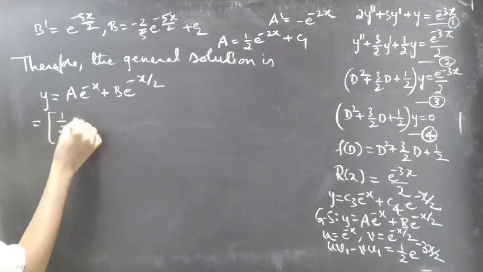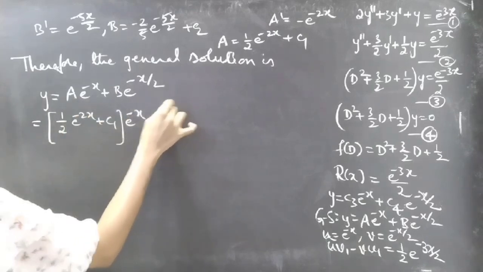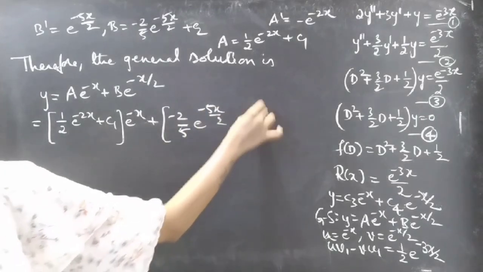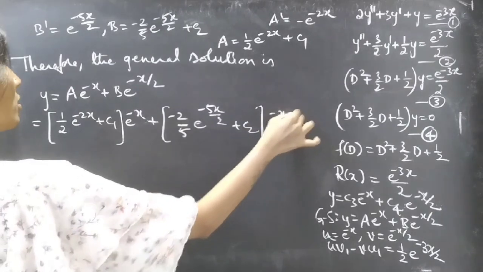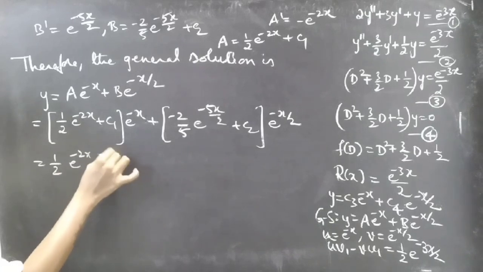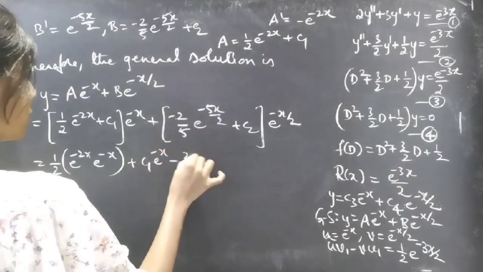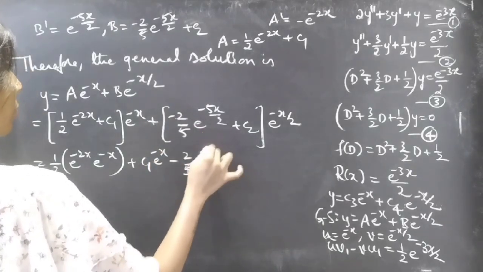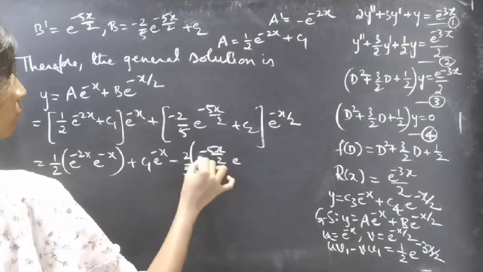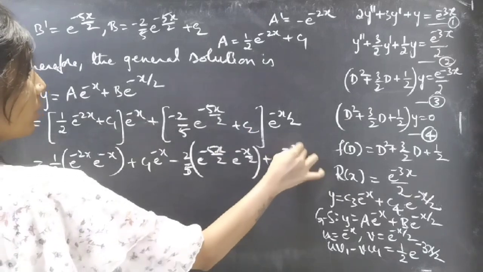We have a, 1 by 2 e power minus 2x plus c1, into e power minus x, plus b, minus 2 by 5 e power minus 5x by 2 plus c2, into e power minus x by 2, which gives us 1 by 2 e power minus 2x into e power minus x plus c1 e power minus x plus minus 2 by 5 e power minus 5x by 2 into e power minus x by 2 plus c2 e power minus x by 2.